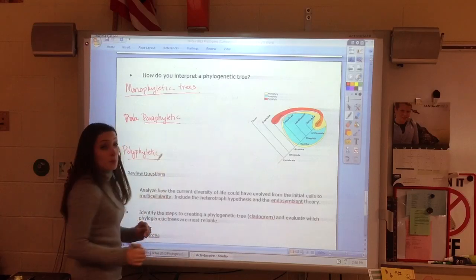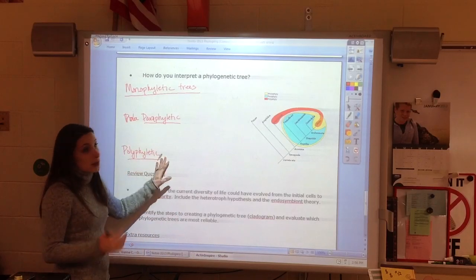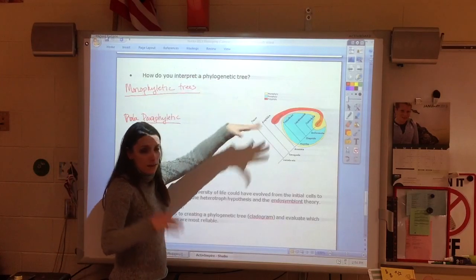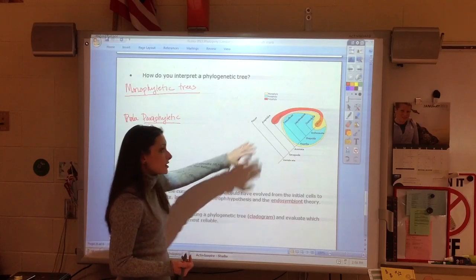Poly means many. And what this has to do with is how many differences there are within that group. But the key is really this picture.